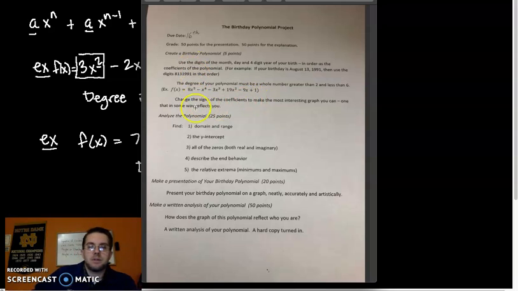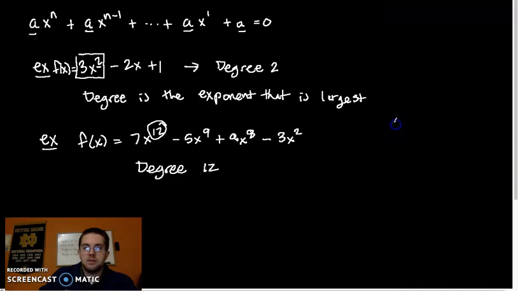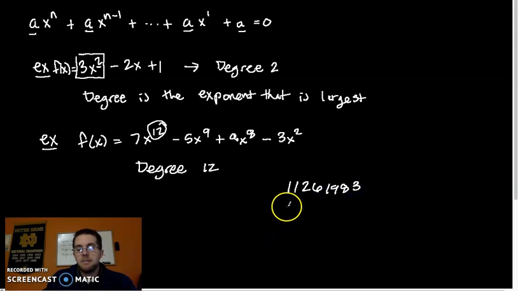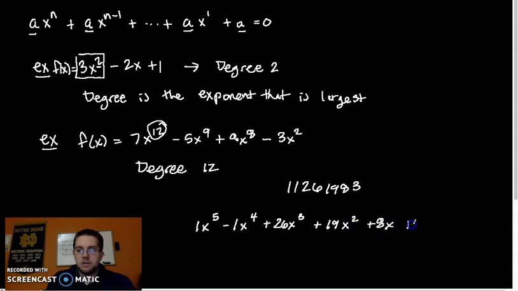So I'm going to use my birthday really quick and give you an example of what we might choose. So my birthday is 11/26/1983. Okay, so I might choose a polynomial 1x to the 5th minus 1x to the 4th plus 26x cubed plus 19x squared plus 8x plus 3.